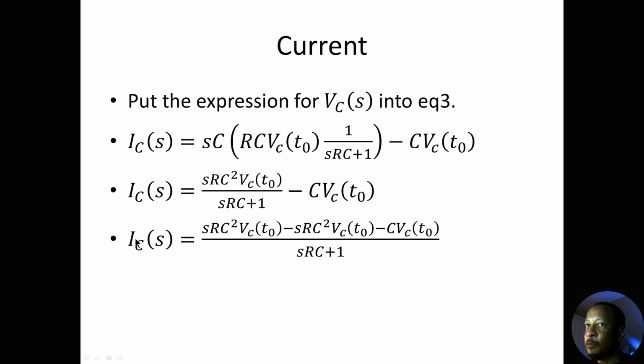Now for IC of S, combining these two terms, that becomes SRC squared VC of t sub 0 minus SRC squared VC of t sub 0 minus C VC of t sub 0 divided by SRC plus 1. As you can see, these two terms here will cancel each other out. And then now we have IC of S equals negative C VC of t sub 0 divided by SRC plus 1.